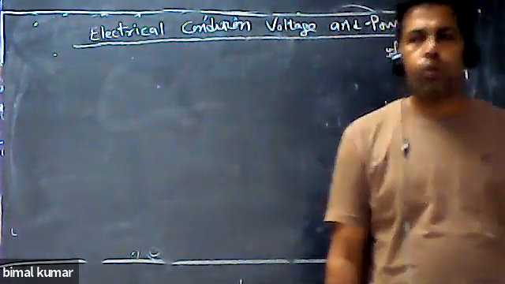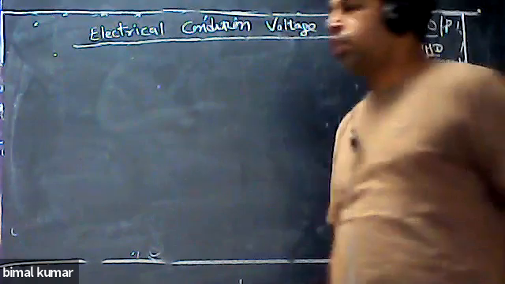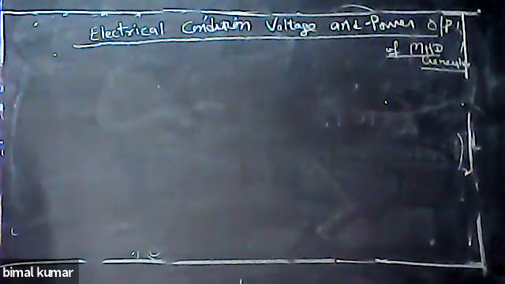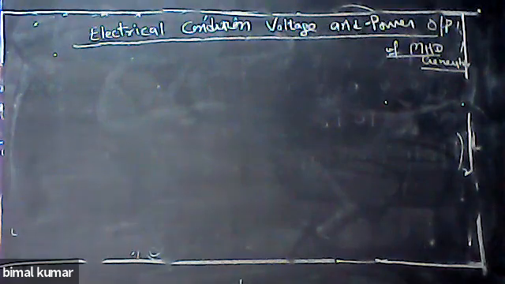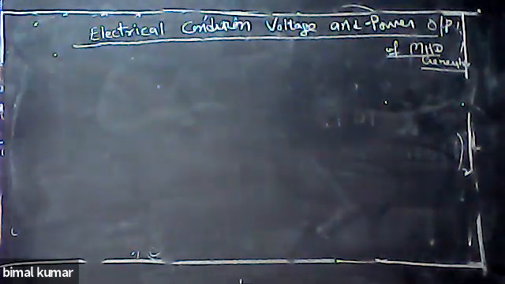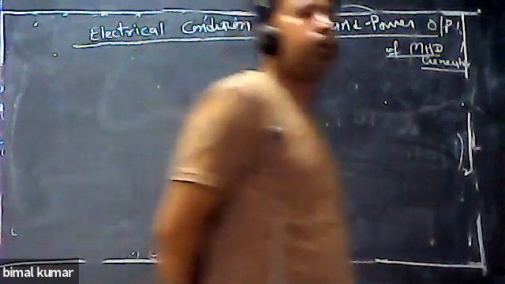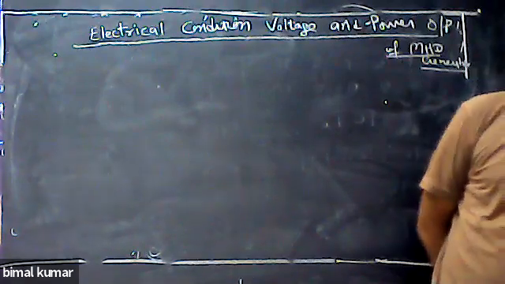So already we had discussed the conventional generator. In the conventional generator, we have north and south poles, whether due to a permanent magnet or an electromagnet, and in between we place a conductor or coil.